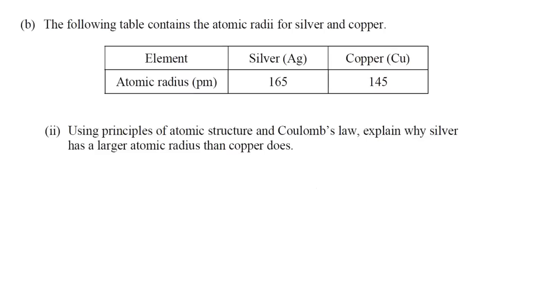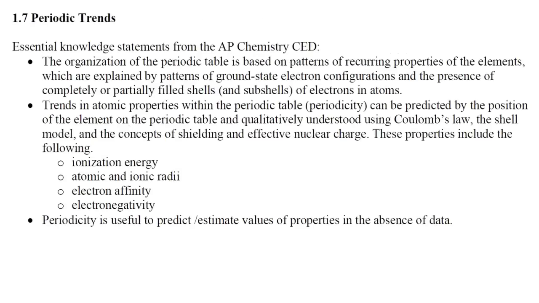So in part B II, it says, using principles of atomic structure and Coulomb's law, explain why silver has a larger atomic radius than copper does. Now, when you're comparing the properties of two different elements on the periodic table, whether that's ionization energy or electronegativity or atomic radius, this falls under topic 1.7.